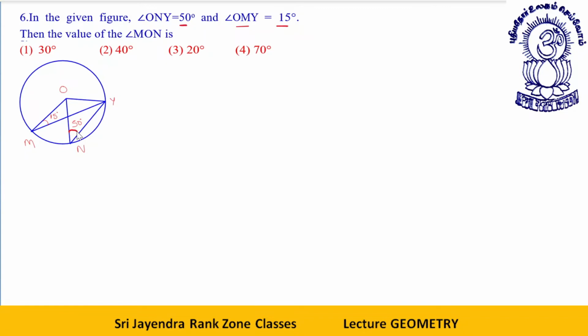This is 50 degrees, this is 15 degrees. Then the value of angle MON, you have to determine this angle. Okay, my dear students, this can very easily be explained. Let me just increase the size of the diagram. The question will become very easy.